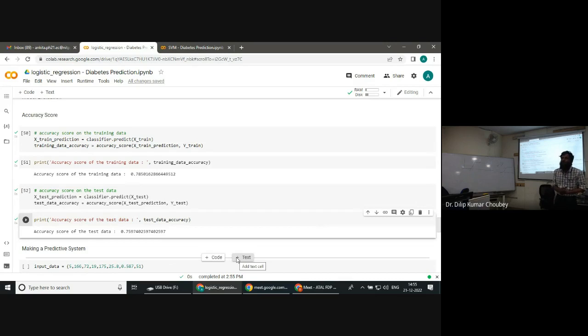Yesterday for the test data, the accuracy was lower, 70%, I guess. While today we are getting nearly 76% because generalization is better in the case of logistic regression than in the case of random forest for this database we have chosen.